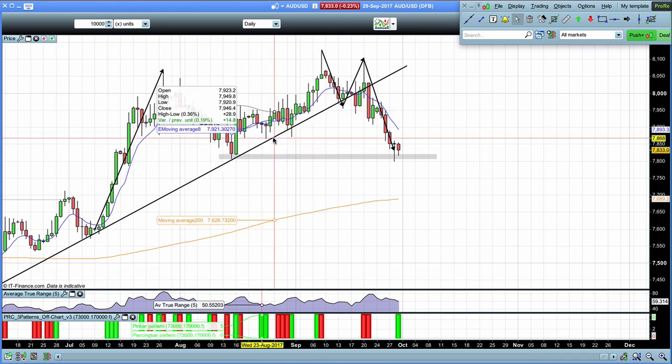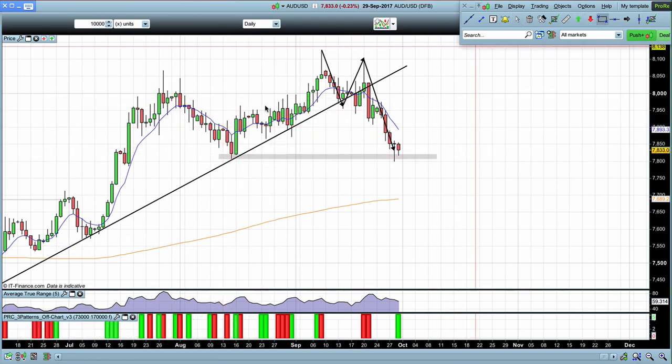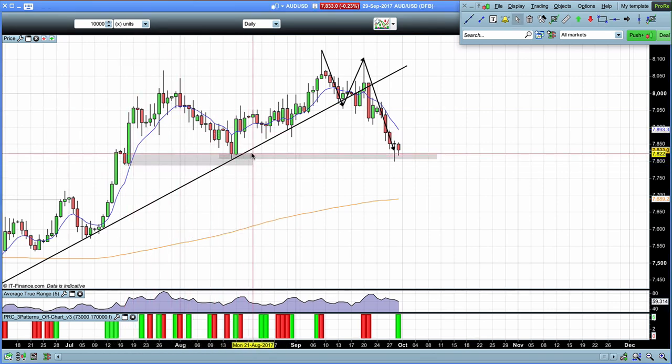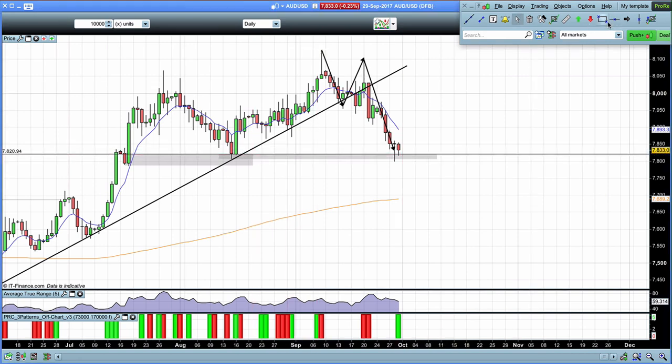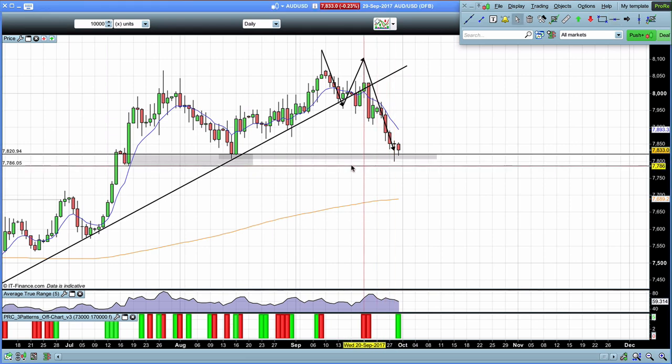Now coming into next week, this level remains key, and really it's this area right here. If we just mark it in, one here, you can see the market spiked down to 7,800, that 7,800 level on Thursday.